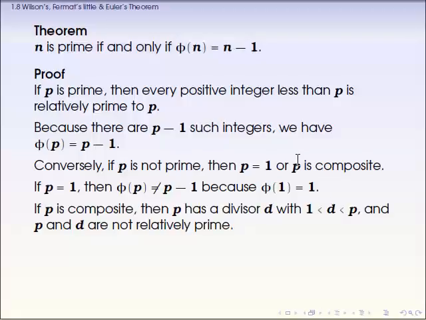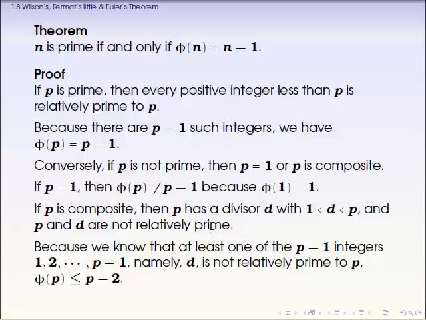Okay. Then the second part is when p is a composite number. So let's say p is composite, and the meaning is p has a divisor d, which is between 1 and p, and these are not relatively prime. Maybe d itself is the greatest common divisor of these two, or there might be some greatest common divisor which is not 1, right, for these two numbers?